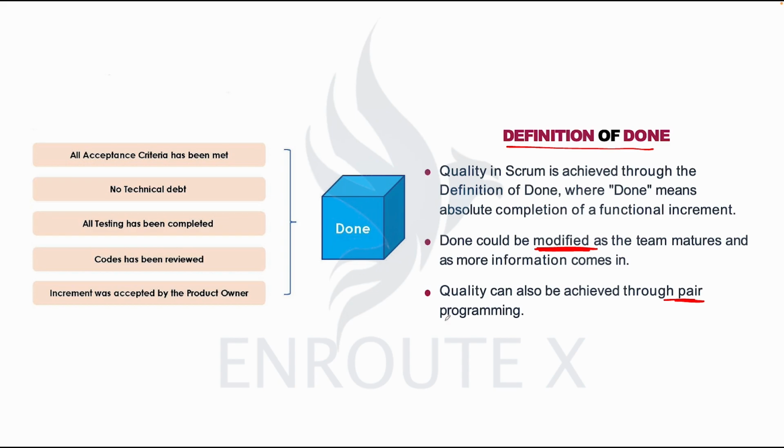This is out of scope directly, but on a lighter note, it is where two developers are paired together, and while one is leading, the other is navigating. One is driving, writing the code, the other is checking the code. So it ensures that quality is delivered from the onset.